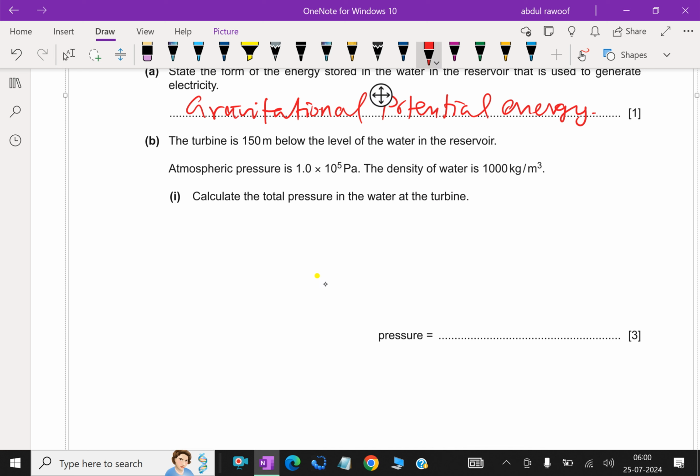Pressure P equals h rho g. H is height, 150 meter. Rho, density, is 1000 for water and gravity is 10.